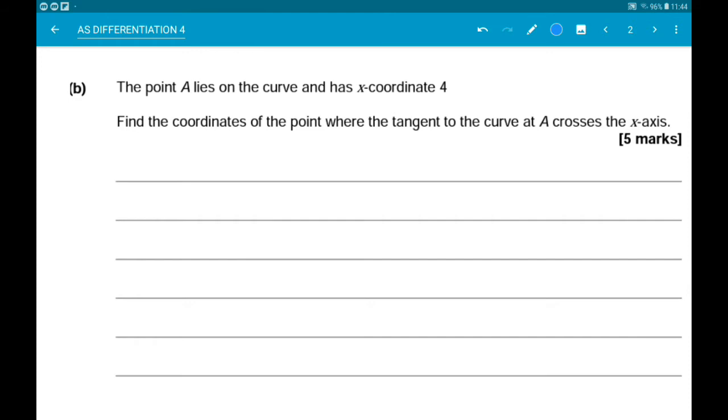So when x is 4, y is going to be 6 times 4 times root 4. So that's 6 times 4 times 2, so that's 48.